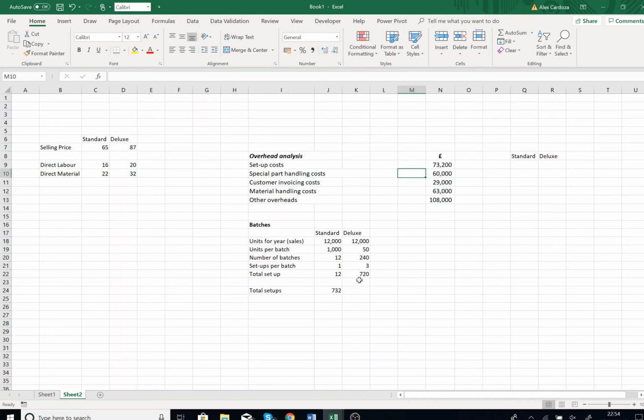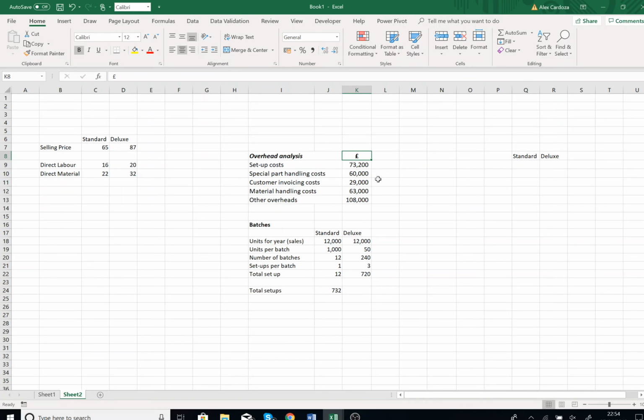Then your setup costs, let's move these together. Setup costs, let's just do it down here.